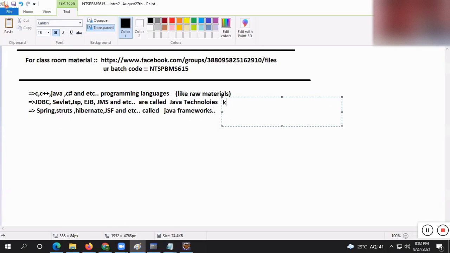Semi-finished means they give 30-40%, and the remaining things we should develop. Raw material means they provide only 10-15%, and we should develop the rest. These are like semi-finished products.